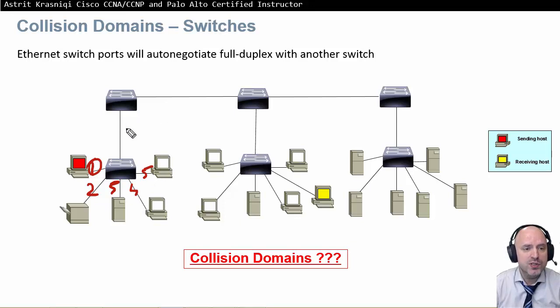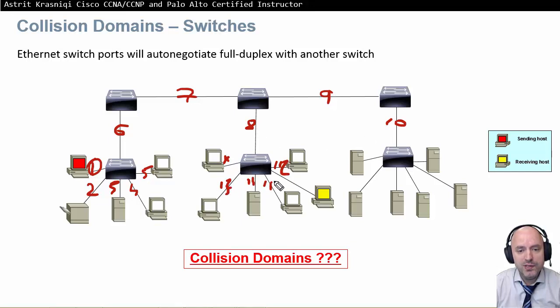Every active port on the switch is pretty much its own collision domain, and counting on through 8, 9, 10, up to 22. 22 collision domains. They don't go through carrier sense in here because they can send anytime.